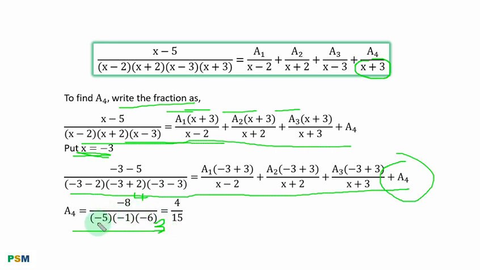Now, −5 times −1 is 5, times −3 is −15. Therefore, −4 over −15 becomes 4 over 15.